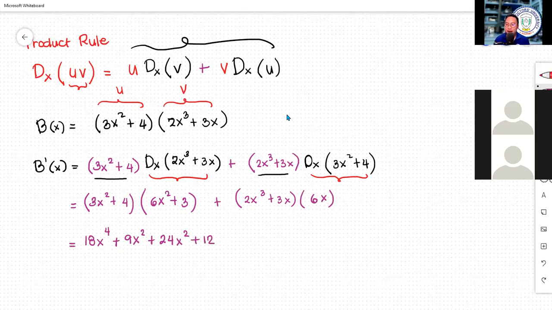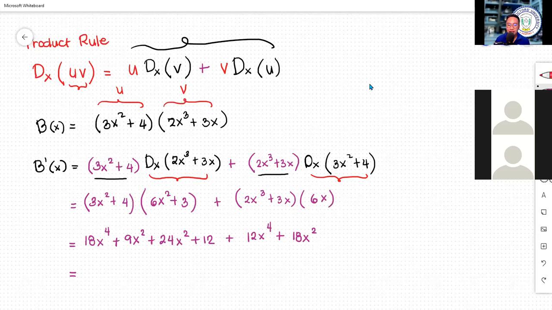Right? And then doing these second expressions here, we have 12x to the power of 4, and then we have plus 18x squared. And just simple, combine the terms that can be combined. The terms that I can combine, guys, are the 18x to the 4 and the 12x to the 4. What's the sum?